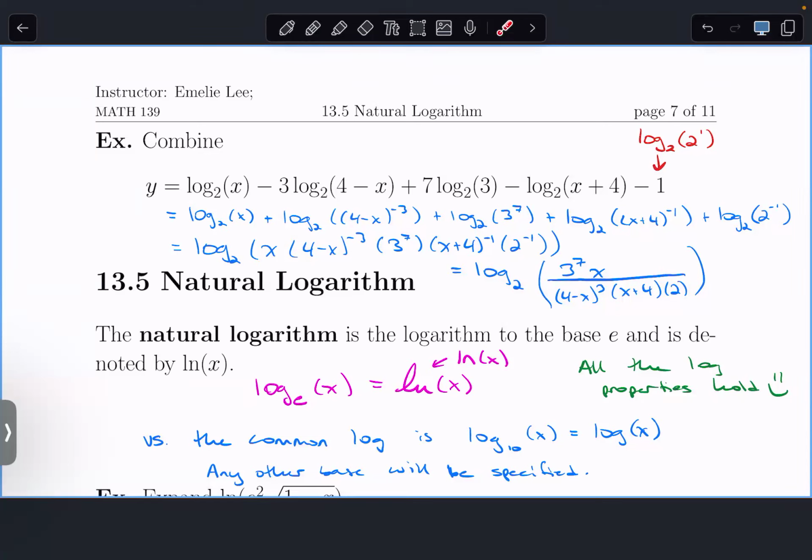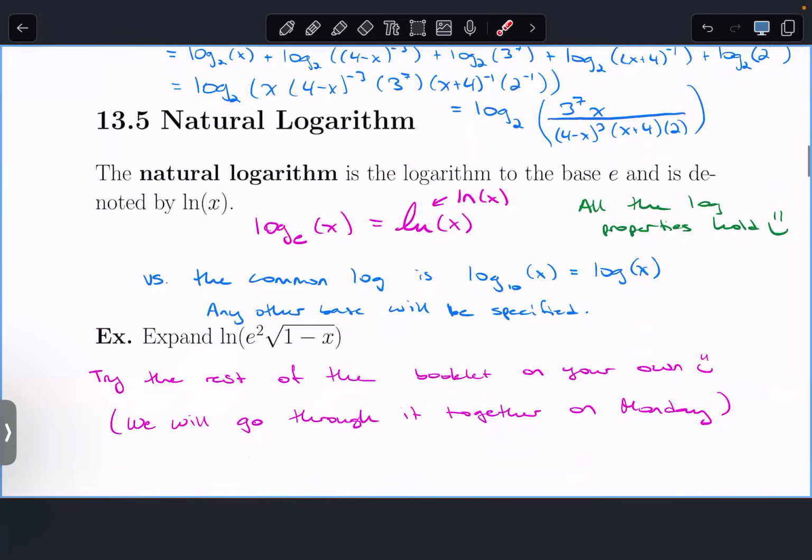Picking up from last day, we have the printout from last day up here. We talked about exponential functions and logarithms, and then we just started in on the natural log, base e, which is, for me, my default log.